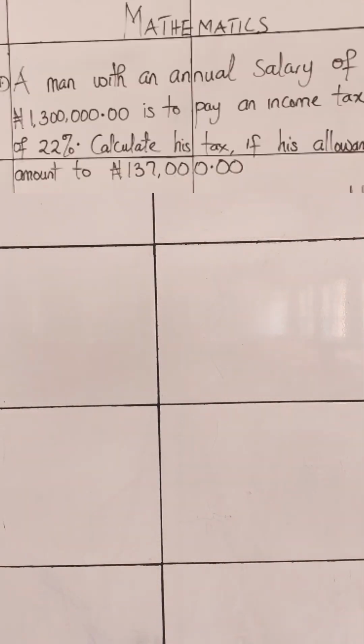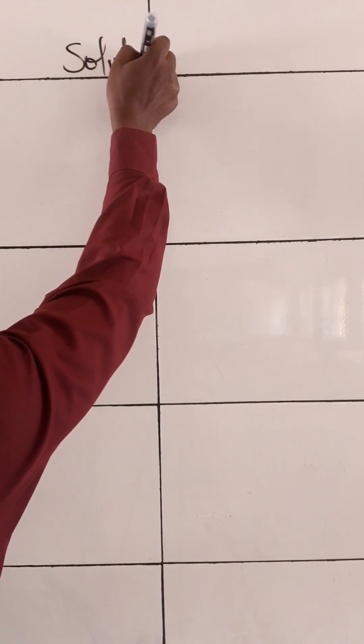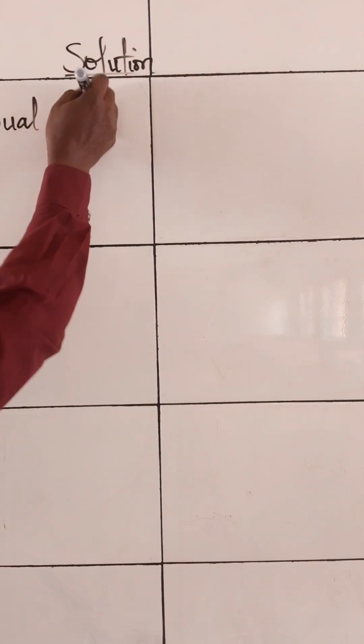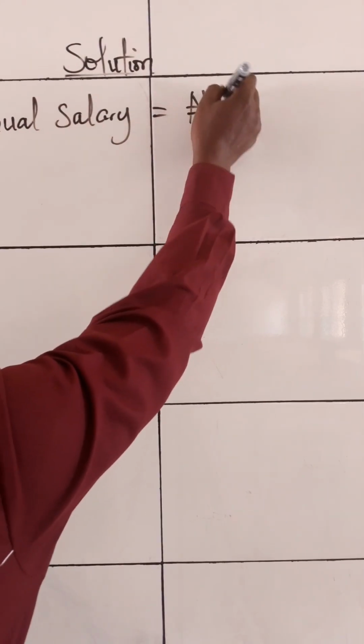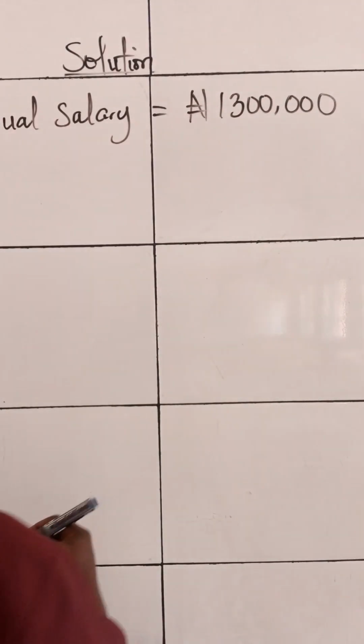And the first question we are going to start with here, the question says, if a man with an annual salary of 1,300,000. So we are going to start by writing solution. So the annual salary of the man is 1,300,000. Right?